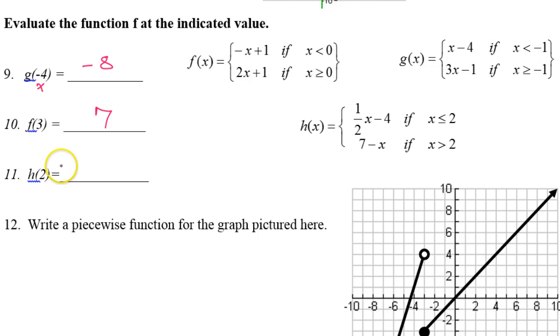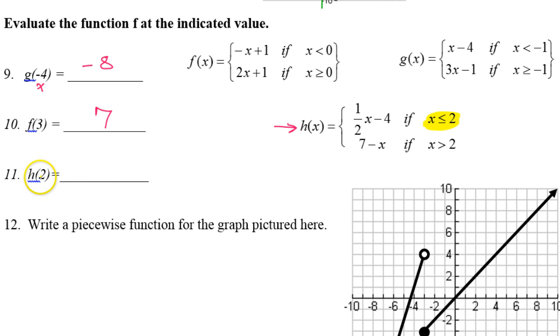Okay, number 11. It says function h, so we are here. We've got 2, and 2 is mentioned in these domain restrictions. So which one do I use? Well, this one says you use this one if the x value is less than or equal to 2.